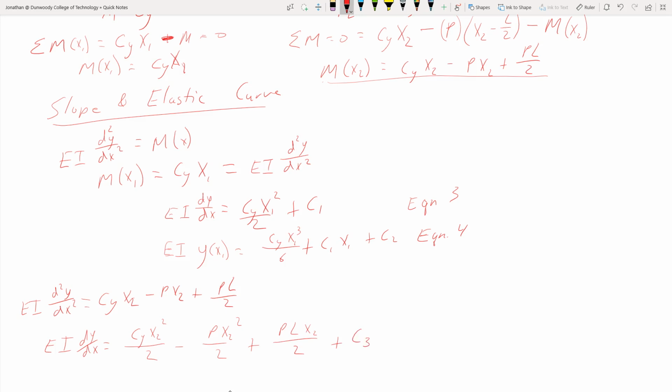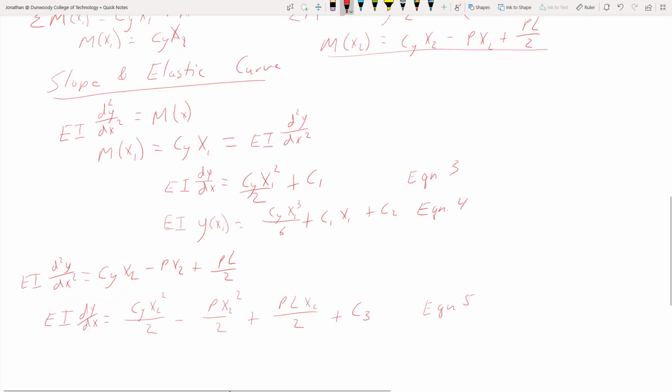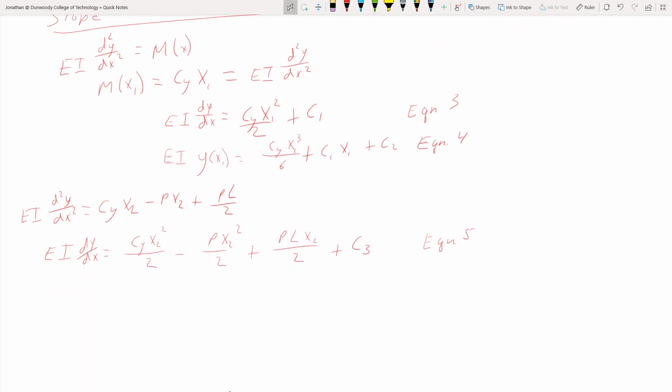Got a third one here now. So it's going to be equation 5. Alright, just verifying I've got the correct thing. Okay, good. And then a second integration.